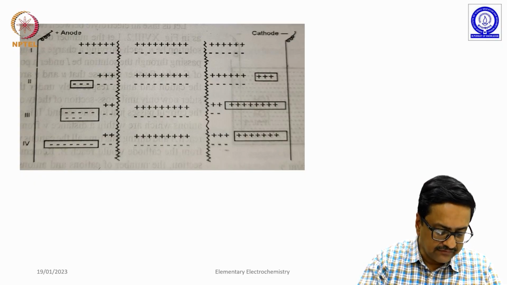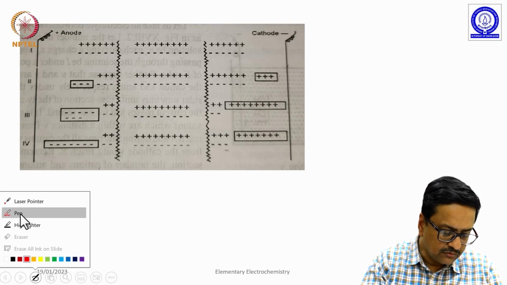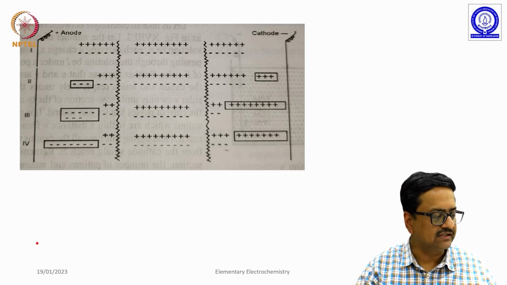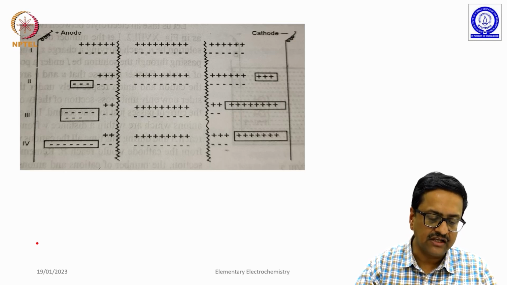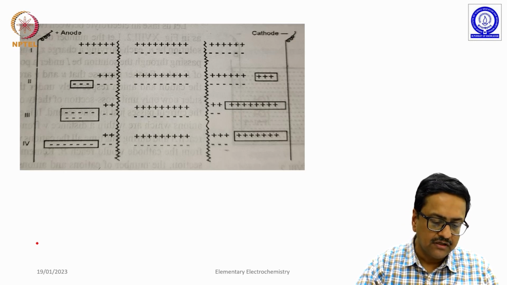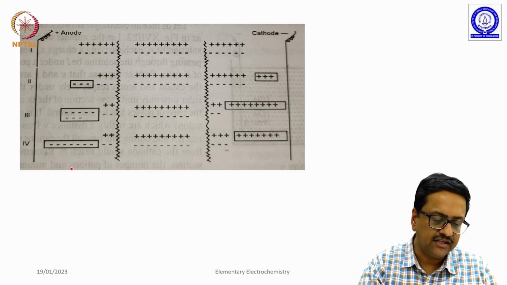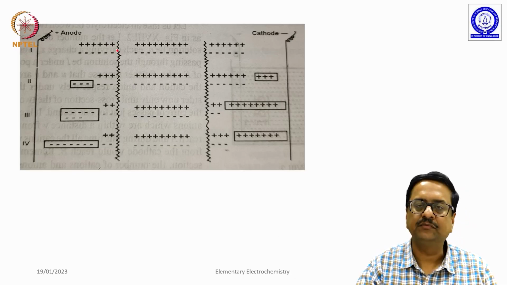So, here I have a figure to demonstrate four different situations that one can think of inside an electrochemical system. I have taken some ions. You can see we have some cations marked as plus and some anions marked as minus.